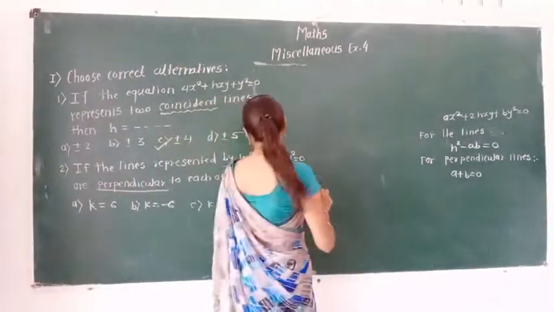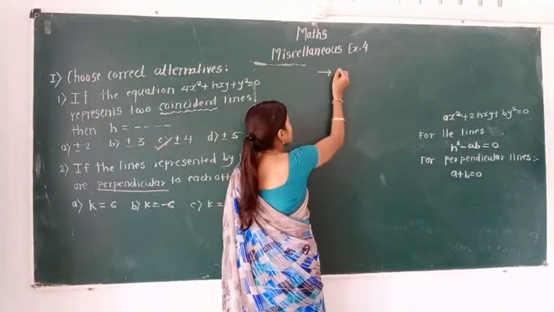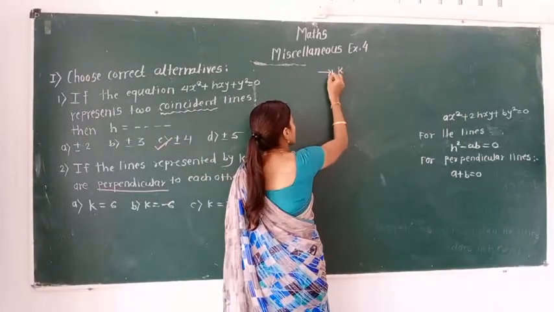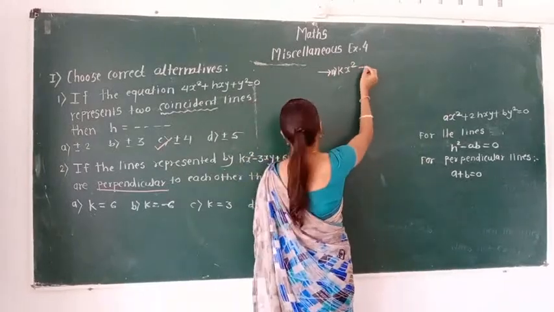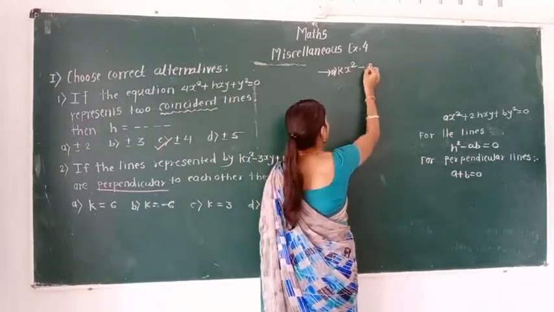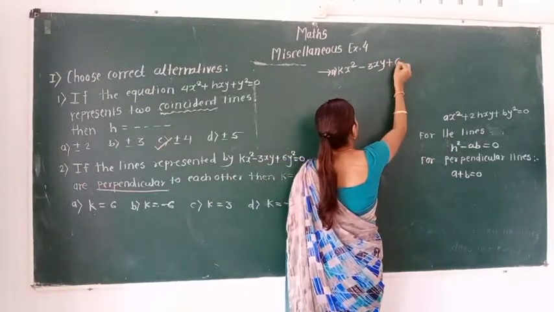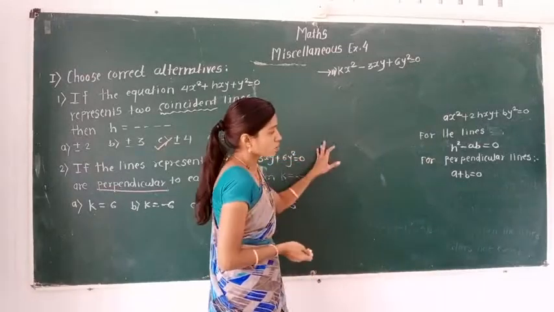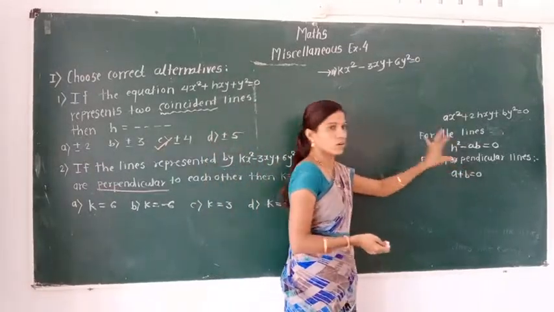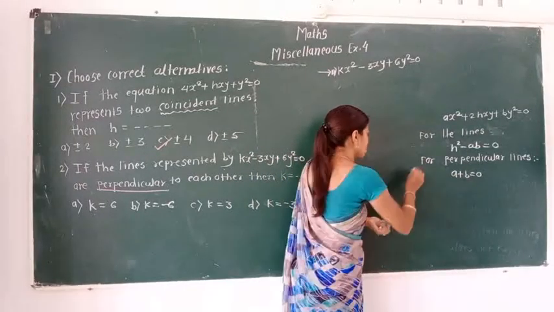So first of all, we write the given equation: k x square minus 3xy plus 6y square is equal to 0. For taking this condition, first of all we have to find the value of a and b.